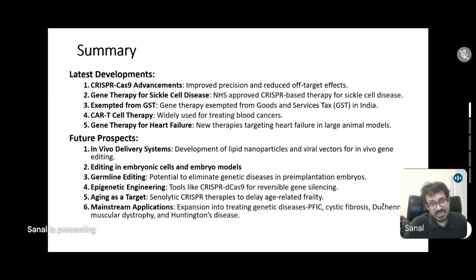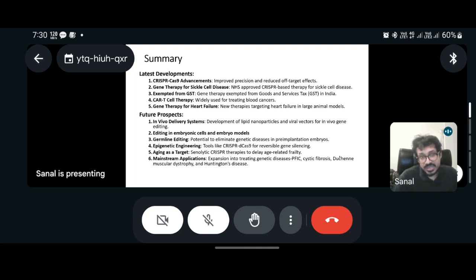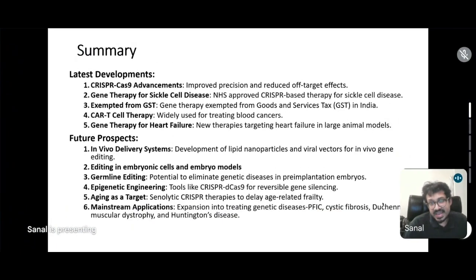And editing embryonic stem cells and embryoid models is going to open a completely new area. This is going to make us stronger. It may completely eliminate the possibility of aging, cancer, infections, and a lot. Sky is the limit. Now comes germline editing. If you can edit your germ cells, you probably can have offsprings who are immune to several diseases.